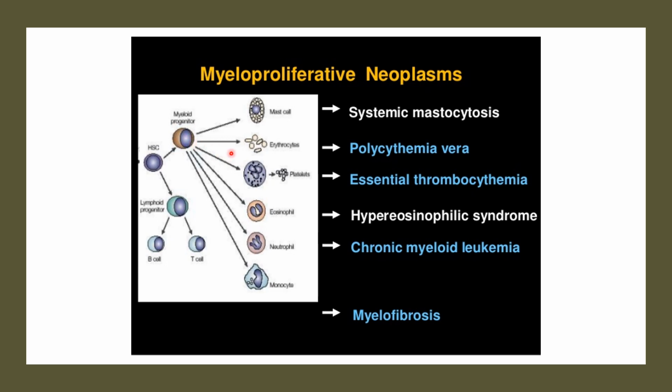For example, if a proliferation of erythrocytes is seen, this type of MPN is known as polycythemia vera. If, for example, the neutrophils are the ones proliferating, then this MPN may be called chronic myeloid leukemia.